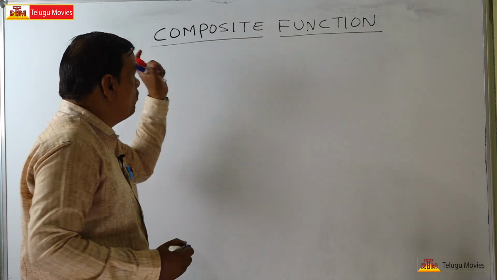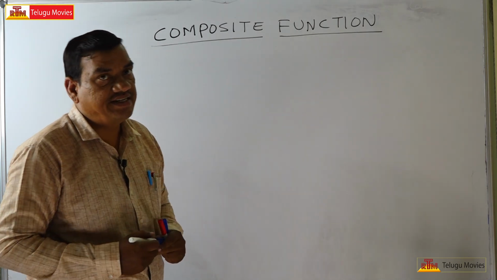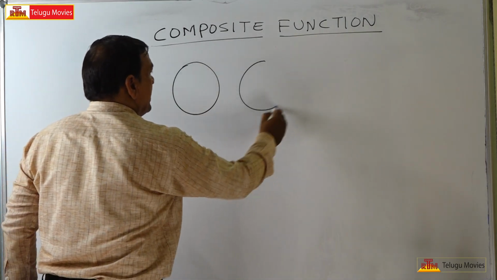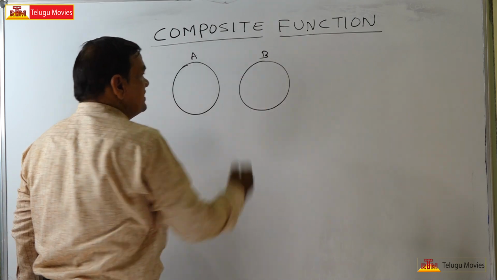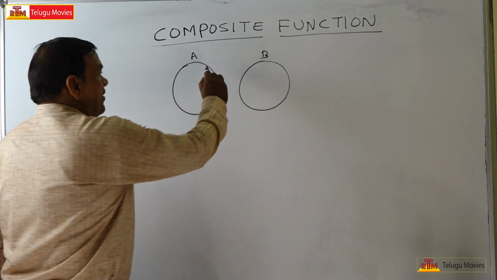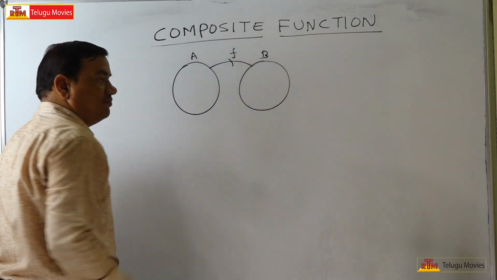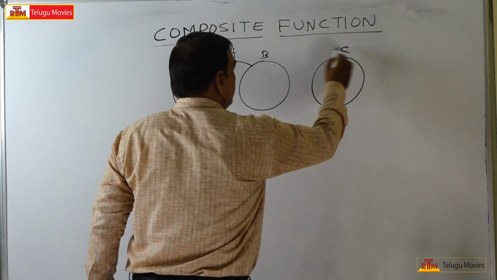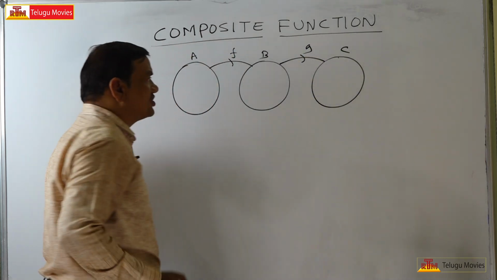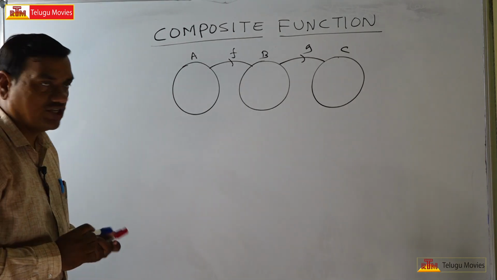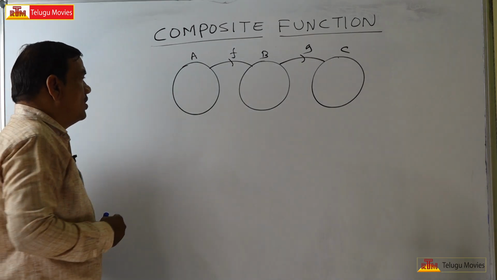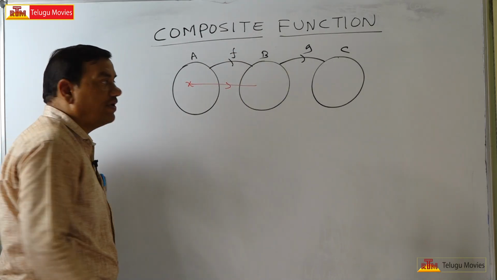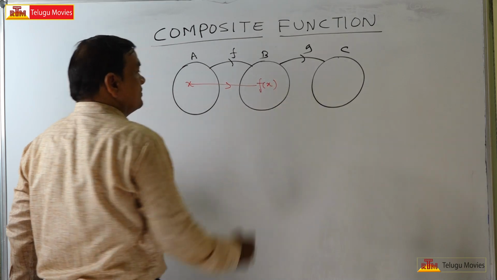Let us see the composite function definition in set form. Let us take two non-empty sets A and B. Let f be a function from A to B. Now let us take another non-empty set C. Let g be a function from B to C. Already we explained what a function is. Now, if the element is x under the function f, your image is f of x.